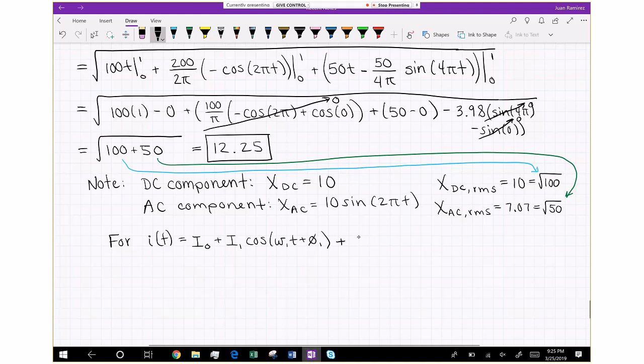And then maybe it has even another AC component at a different frequency, and could be different amplitude, different phase angle.